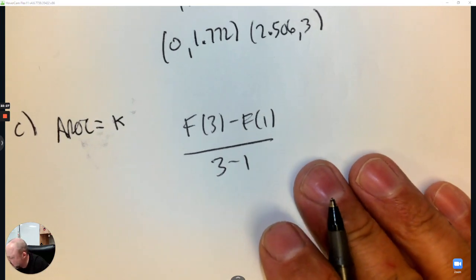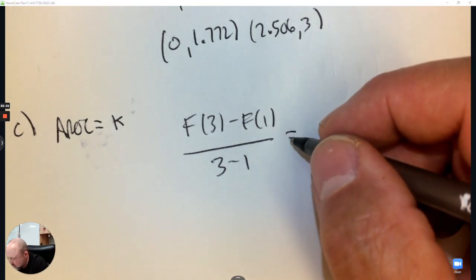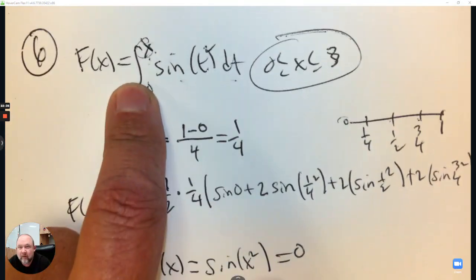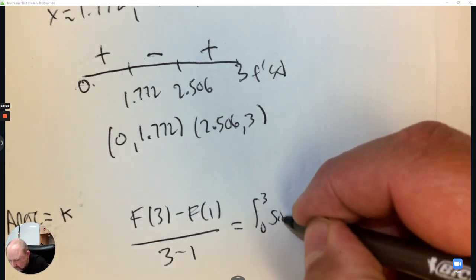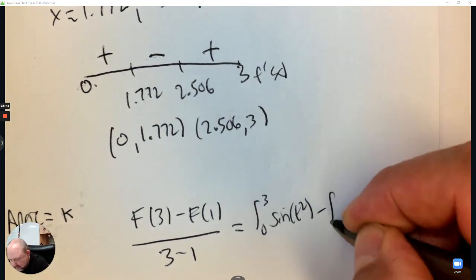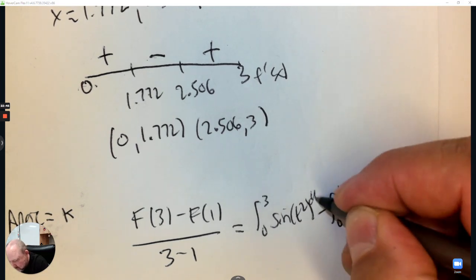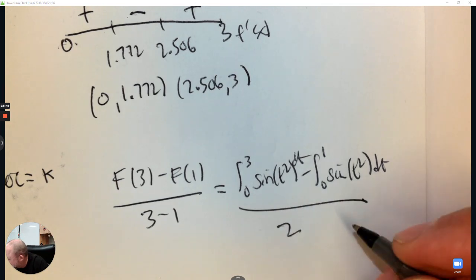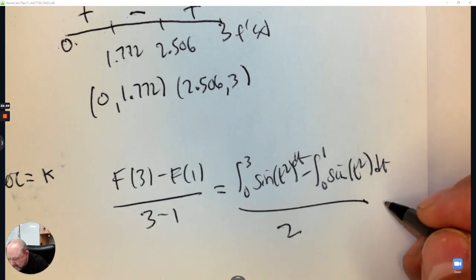That's what average rate of change would look like. So I'm going to plug in 3. So I'm just going to use this equation, plug in 3. Calculator is going to do the work. Subtract, plug in 1. And then divided by 2. That's what K equals.